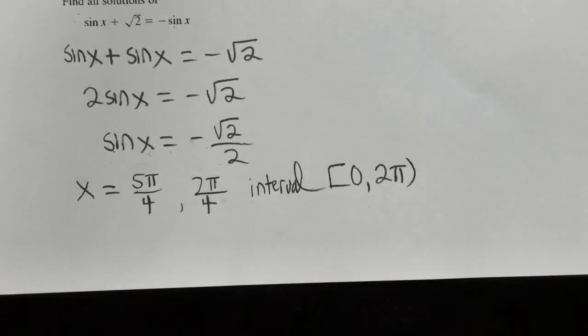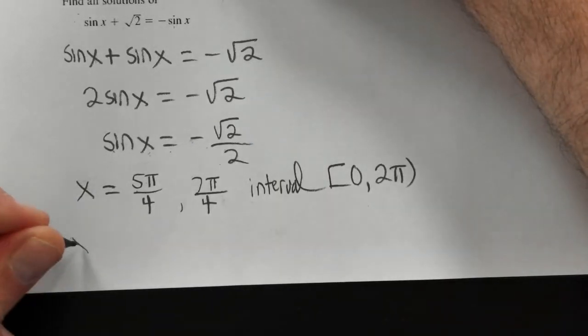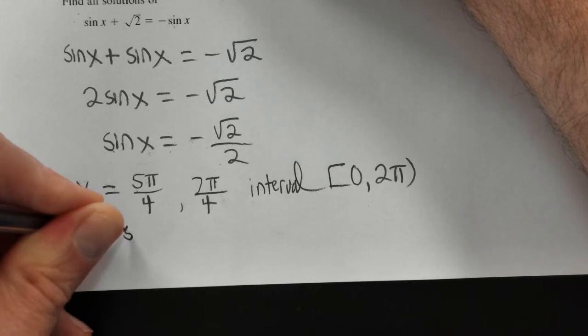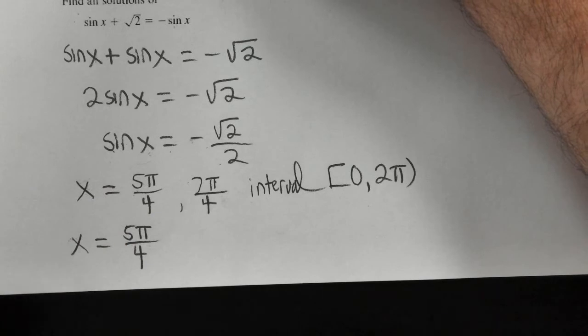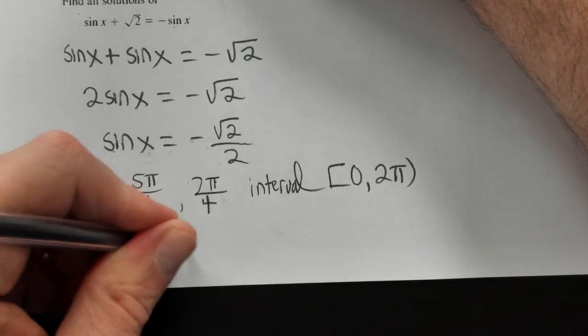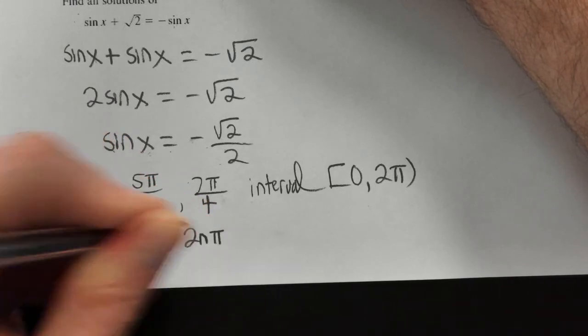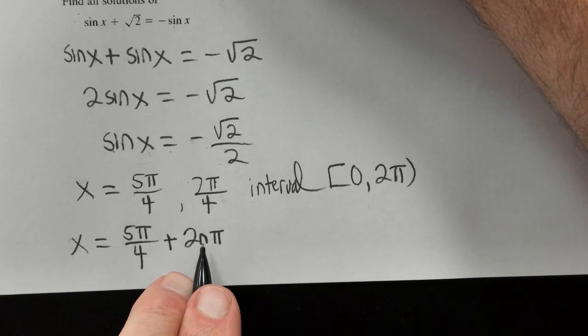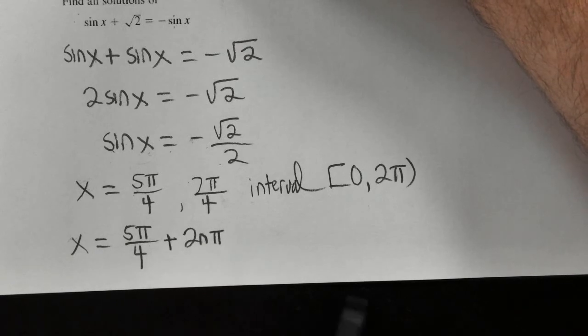If they asked me for all of the solutions, I would have to write it in the form of the general solution, which is going to be x equals. And remember, to obtain the general solution, you take each one of those specific solutions and add any multiple of the period, which we write in the form of 2n pi. Since the period is 2 pi, we place an n in there to represent any integer we want to put: 1, 2, 3, 4, negative 2, negative 4, negative 6, whatever it is.